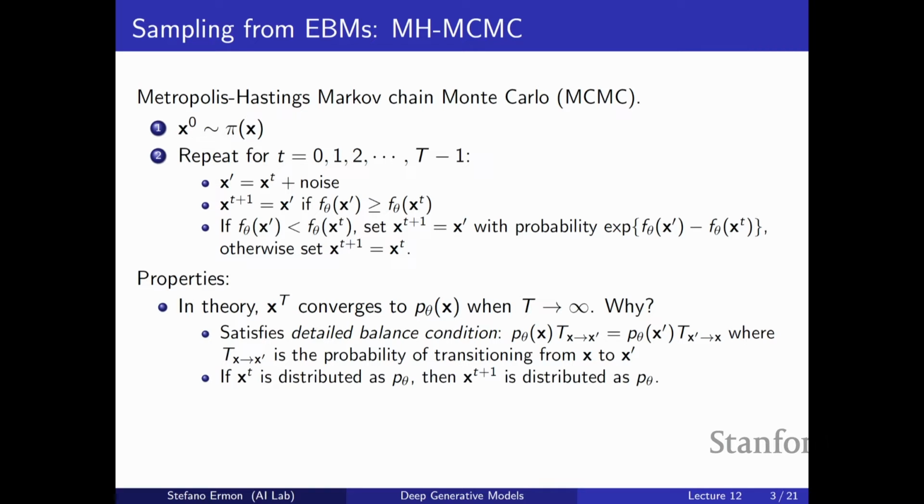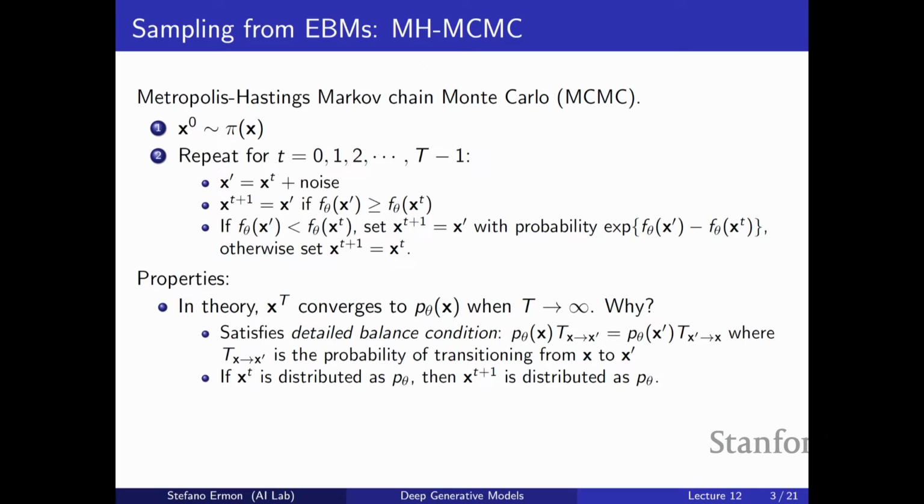And it turns out that if that condition is true, then p theta is a fixed point of this operator that we're using to propose new states. Meaning that if at some point x_t is distributed according to p theta, then x_t plus 1 is also distributed according to p theta.